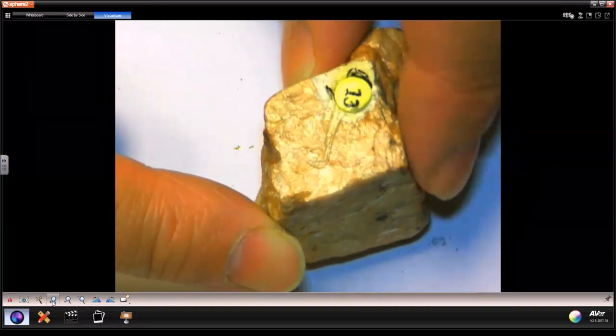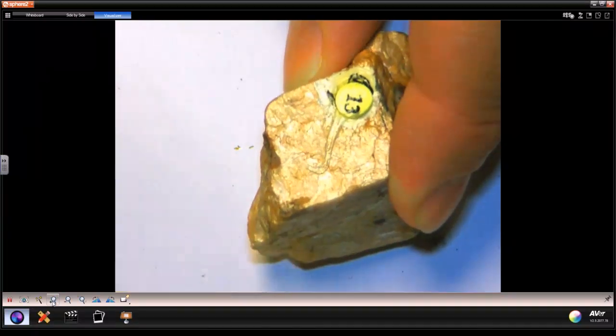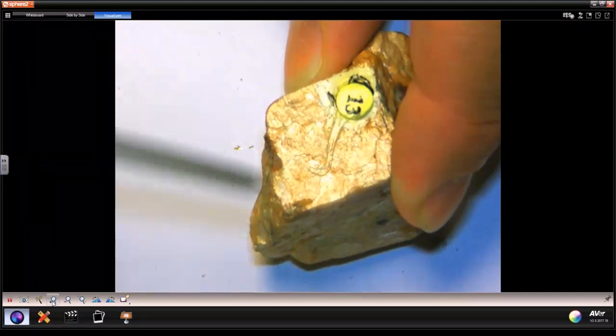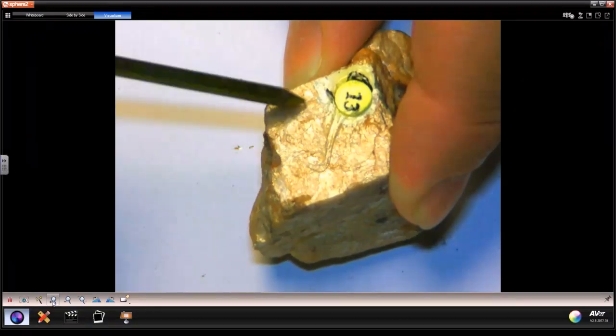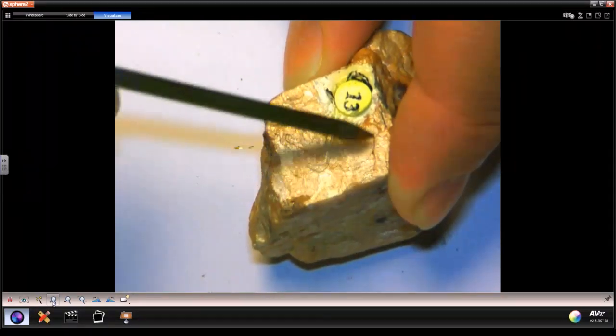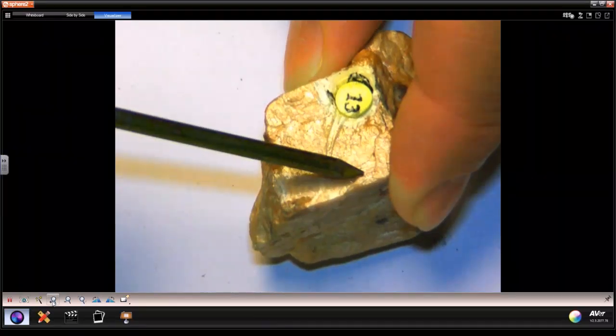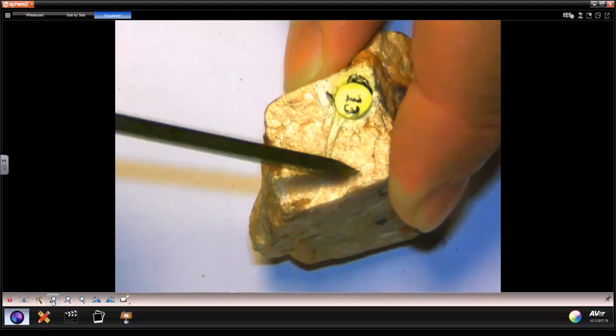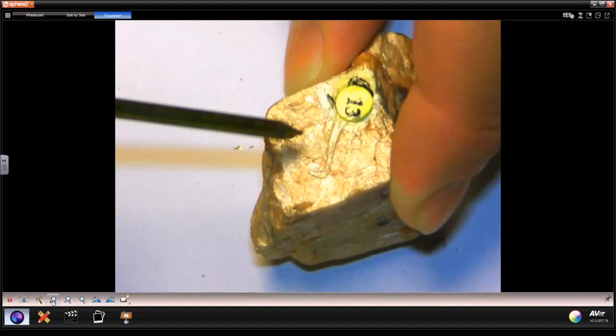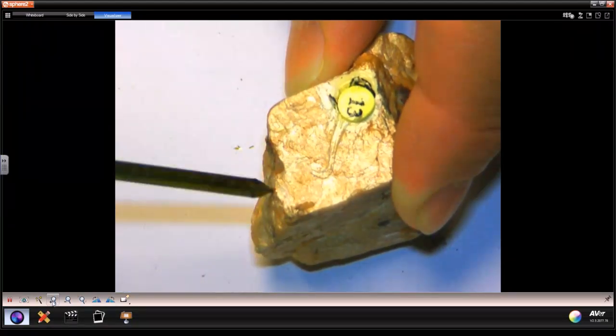Yes, okay, we're starting to get good reflection. So you want to hold it, and then you can see over here and over here, there's some little stair steps or sheets that you can see. So it's very small, these little steps. Those are indicative of a cleavage.